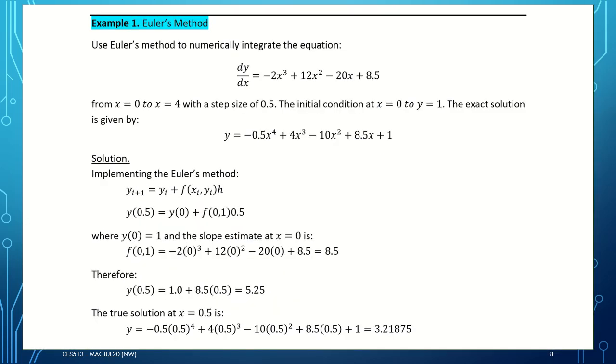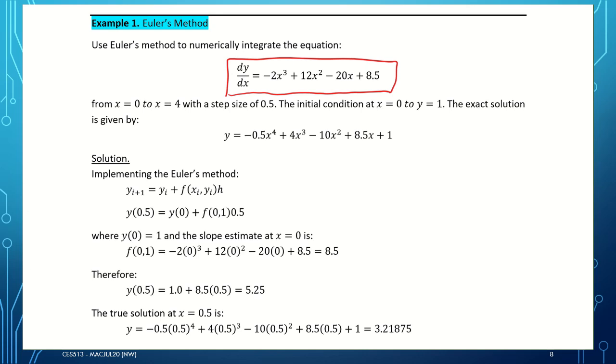Now we look at example 1 for an Euler's method problem. The question is to use Euler's method to numerically integrate the equation dy/dx equals negative 2x cubed plus 12x squared minus 20x plus 8.5.